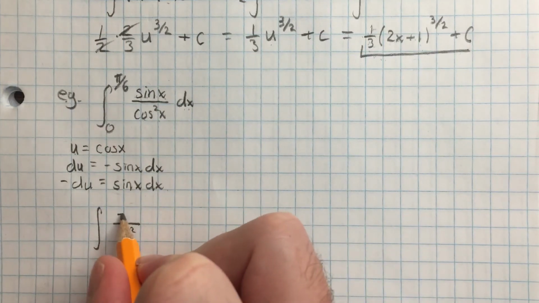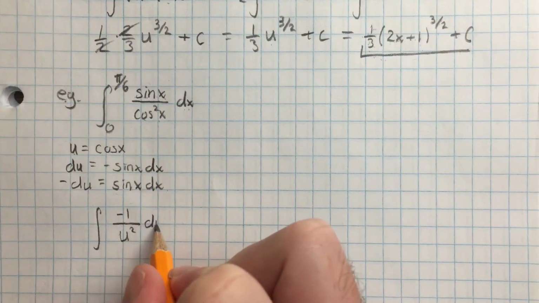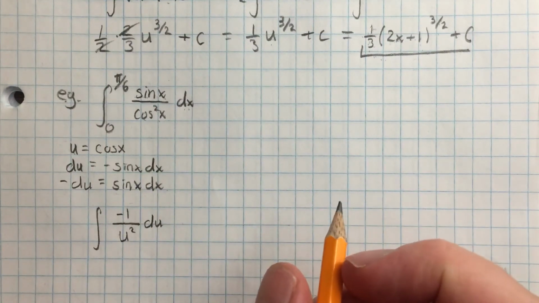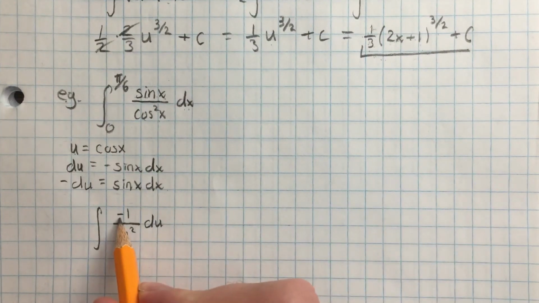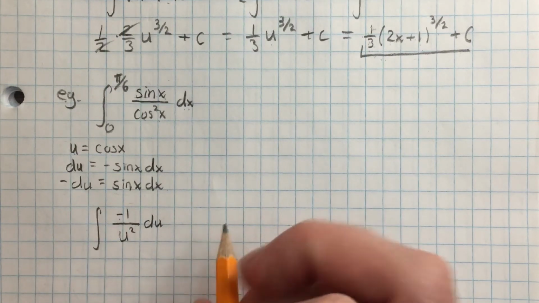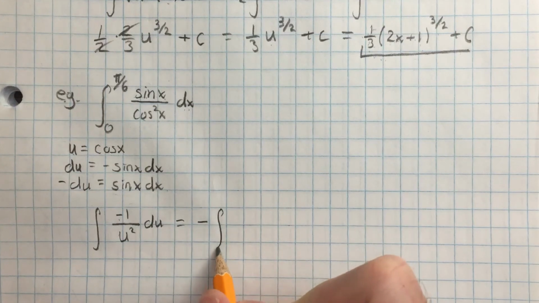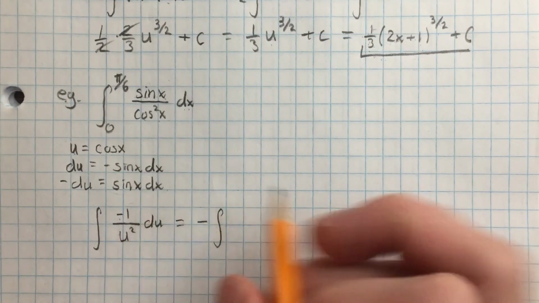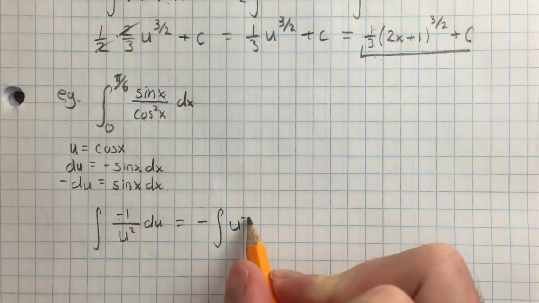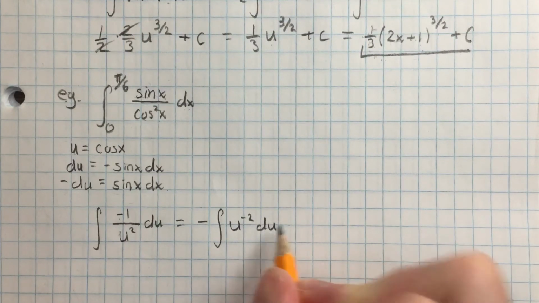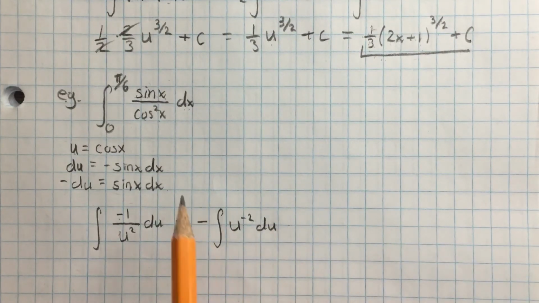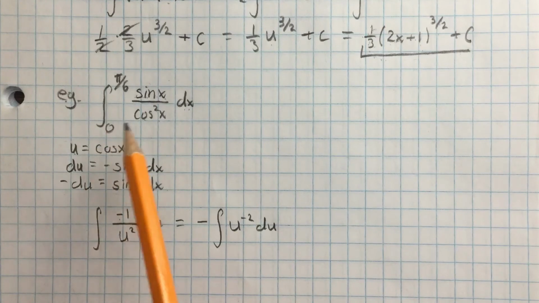So I have negative 1 du. Now this negative 1 I can just move to the outside. So I can rewrite this as negative u to the negative 2 du.